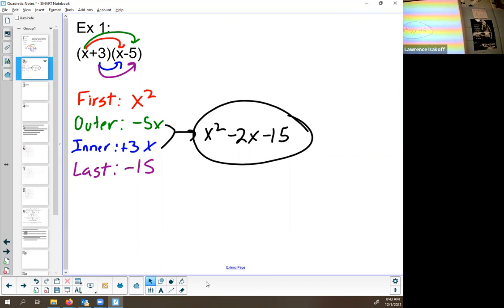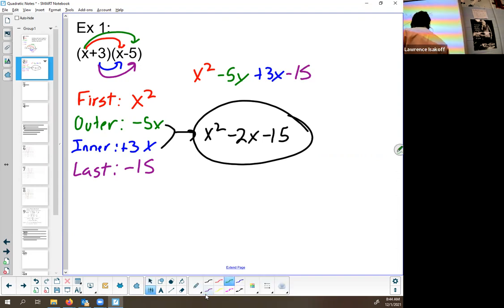You could just do it like, oh, x times x, that was x squared. Oh, it was a -5x. Then it's a plus 3x. And you can say, okay, my last is -15. And you can say, oh, right here, these were my like terms, and I combine them to get to that.